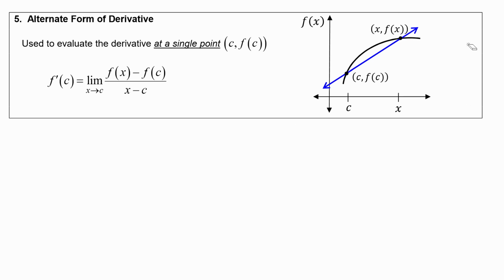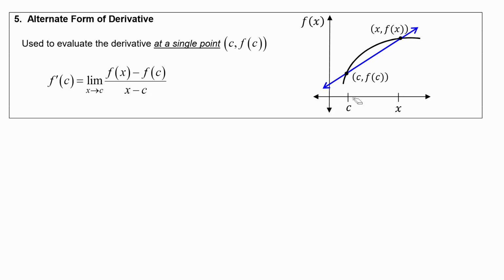Now, if we look at this diagram, the point (c, f of c) is the known point that we want to find the derivative at. x is going to be a variable that's moving. So the point (x, f of x) is going to move closer and closer to (c, f of c) as x approaches c, and this secant line will approach becoming the tangent line.